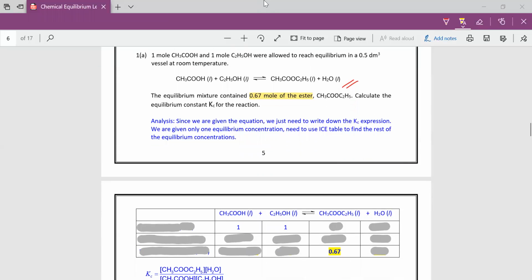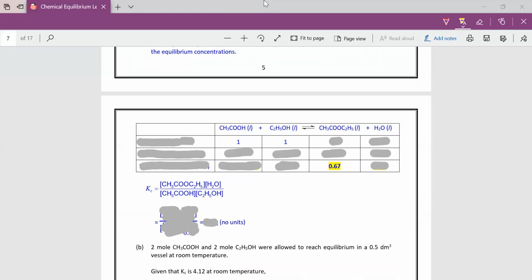So what is your ICE table? It is your initial, change, and equilibrium. Basically, I've listed down what we're given. Based on the stoichiometric ratio, we're going to find out how much we are going to get in terms of the product.